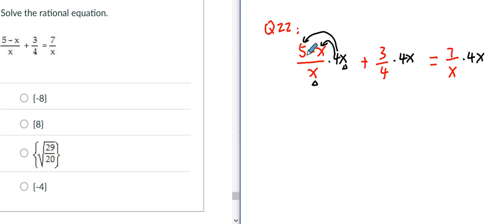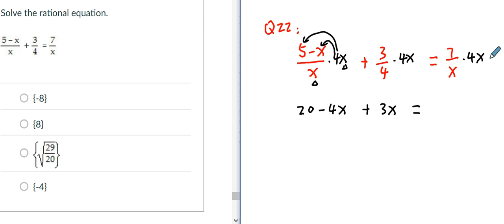So 4 times 5, 20. 4 times negative x, negative 4x. Now, 4 cancelled, so you have a plus 3x.